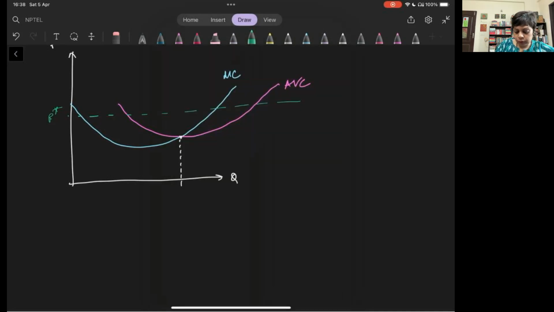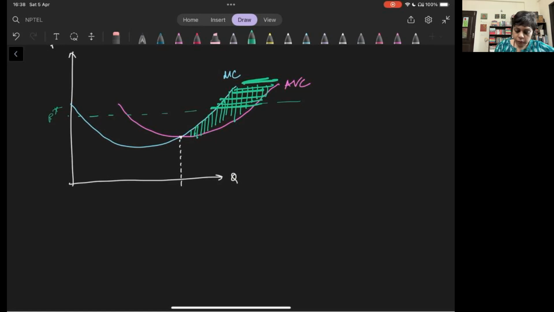Then in this area, price and marginal cost are higher than average variable cost, and in this part, marginal cost is higher than price. Obviously, where marginal cost is higher than price, the firm is definitely not going to produce.